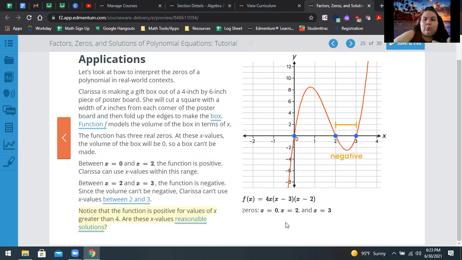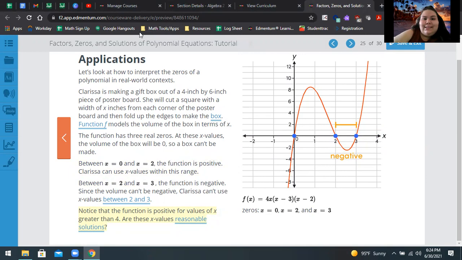So the question is, when is it? We'll cut a square with the width of x inches. So remember, the x-axis represents the width of the poster board, and then I have my volume.